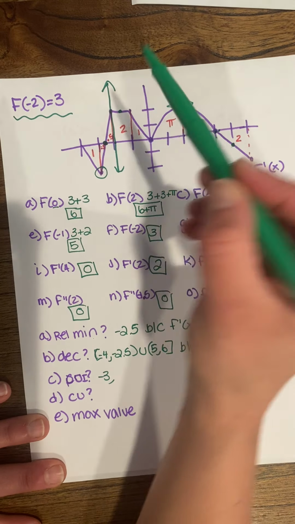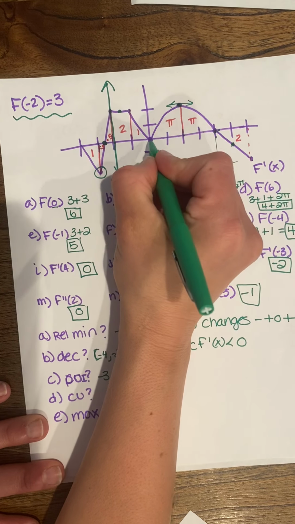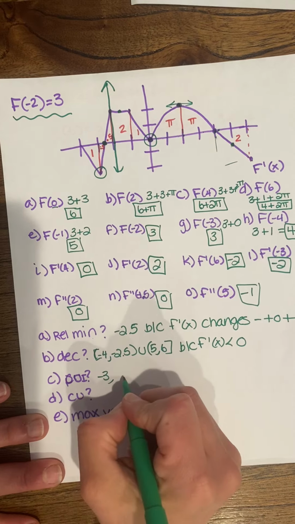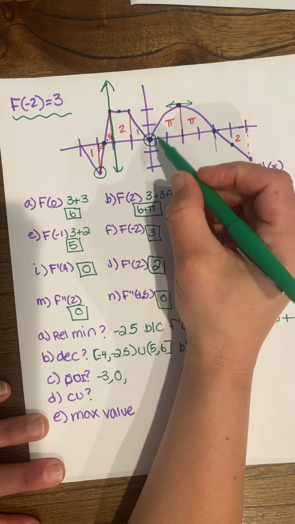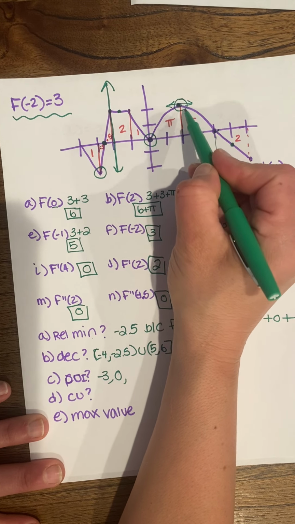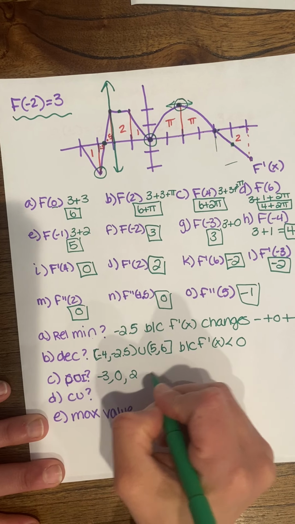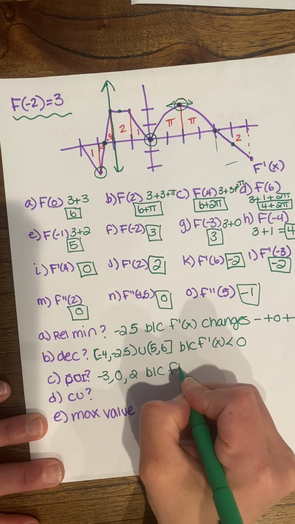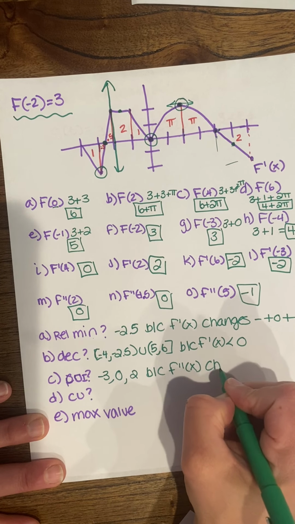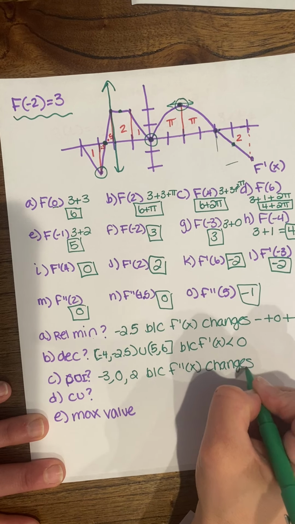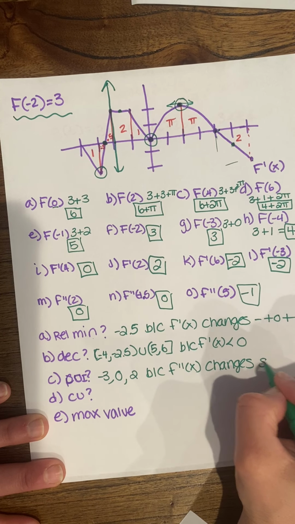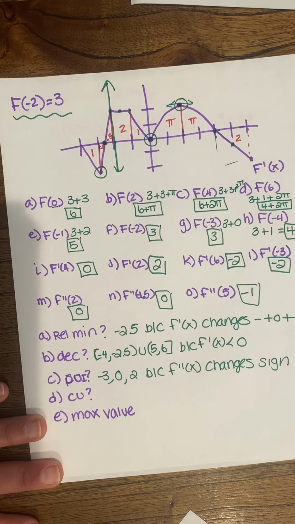That's not a change in sign. So neither here. So the next spot it happens is right here at 0. And then the next spot it happens is up here at 2. Okay, and that's all because f double prime of x changes sign. You could also say the slope of f prime of x changes sign because they mean the same thing.